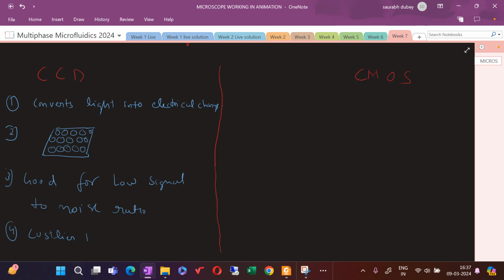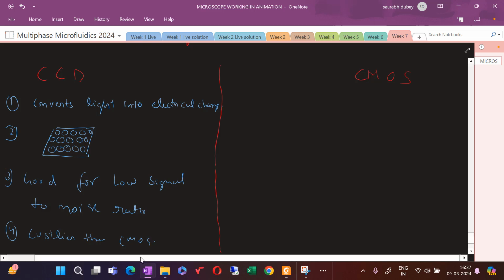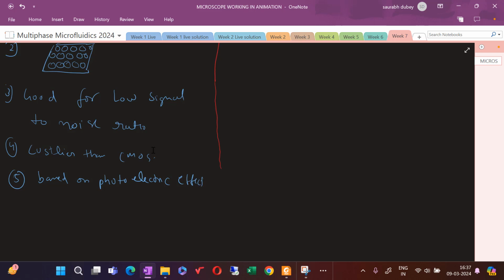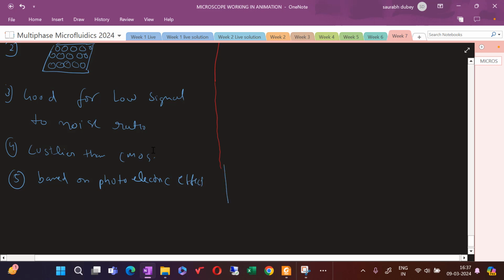Also, you can see that the CCD camera, which is based on the charge coupled device, is based on the photoelectric effect. So we can write that also: based on photoelectric effect. And also the CMOS one is based on the photoelectric effect.